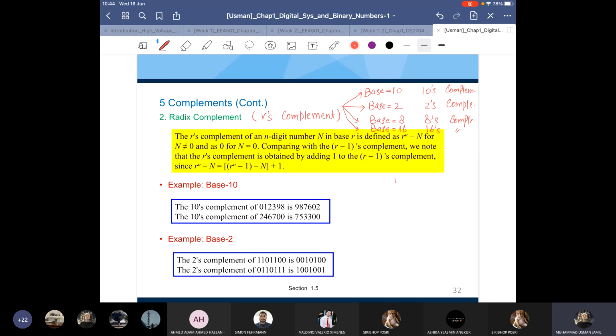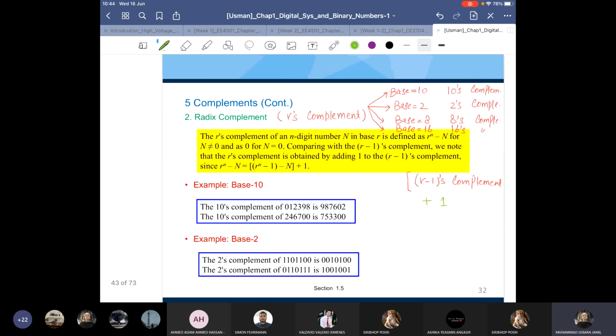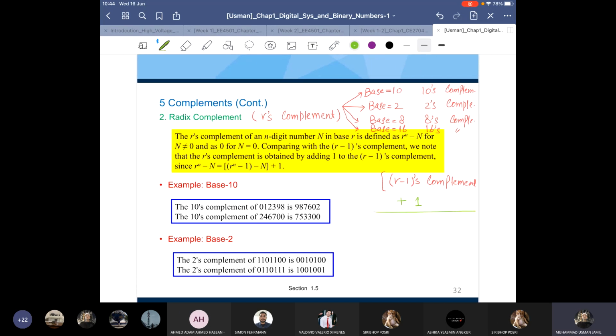It means that if you find the R minus 1's complement, because you know now how to find it, then if you add just one to it, that will be your R's complement.